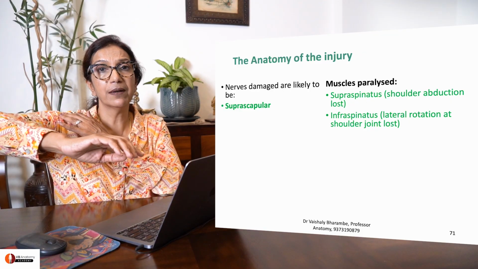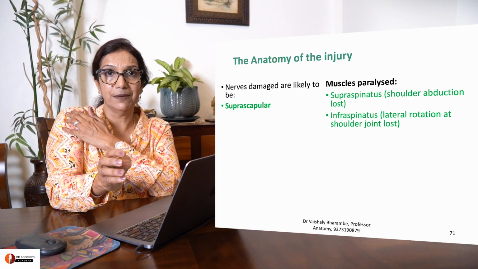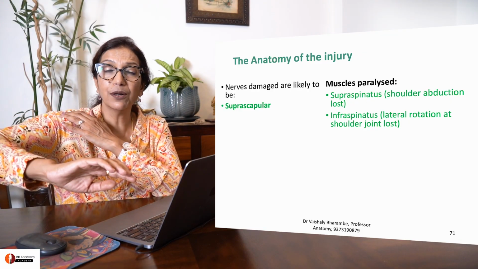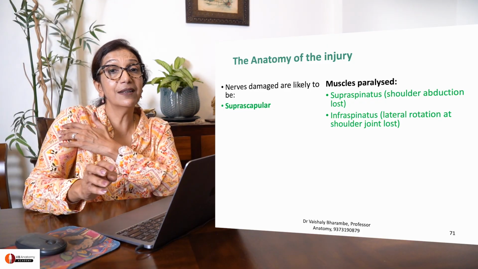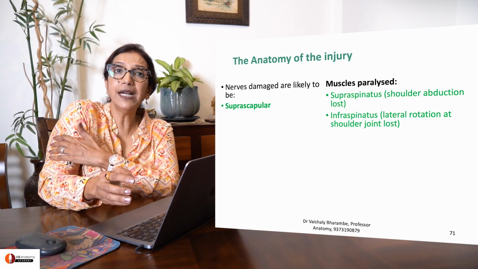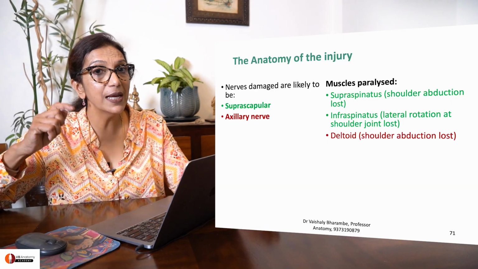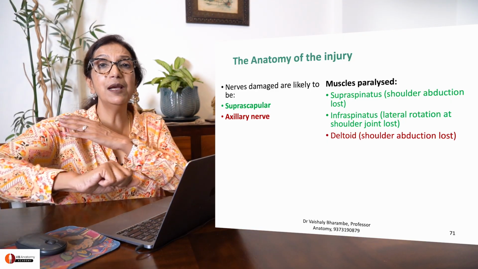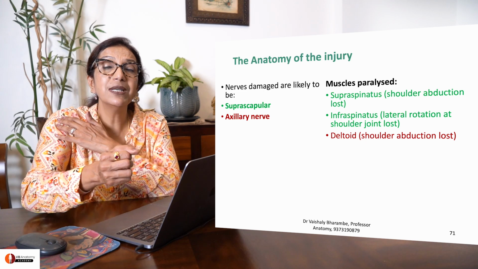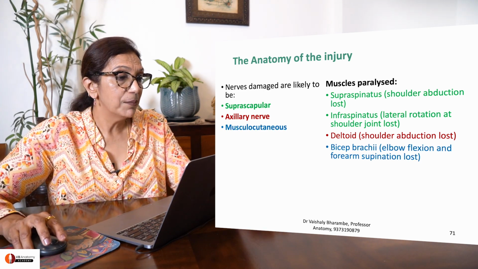You cannot abduct. Therefore, your arm is adducted. The adductors have a great time. They tightly adduct the patient's arm. Axillary nerve: again, deltoid is affected. Inability to abduct, the arm is tightly adducted.